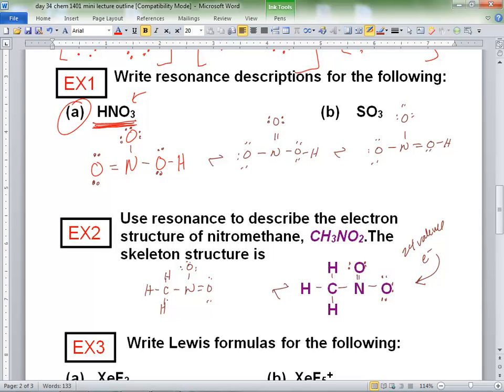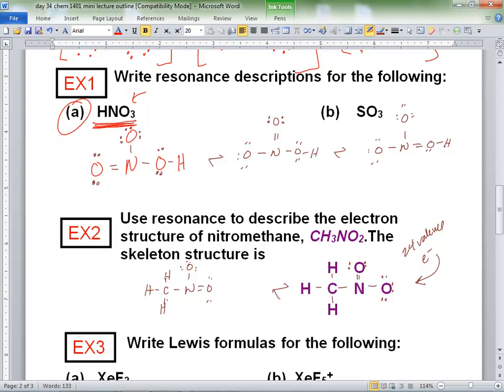Now you're short. You have to have 22, right? They keep going on the center atom. Just keep adding them there, so it's easy to see that there's 1, 2, 3 lone pairs. They're paired up.